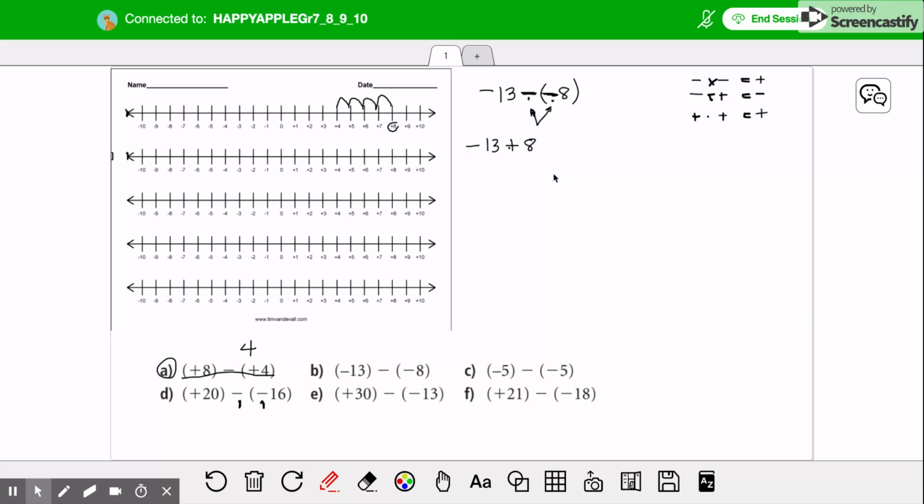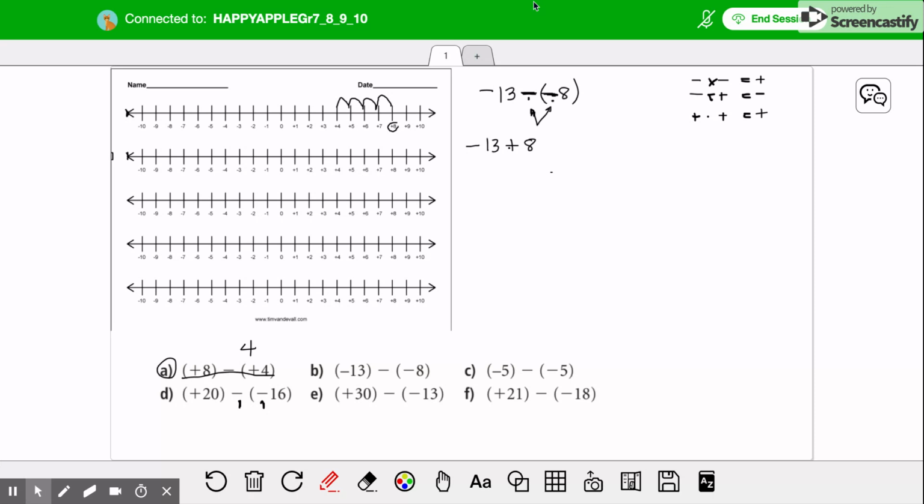Okay, -12, -11, -10, -9, -8, -7, -6, -5, -4, -3, -2, 0, 1, 2, 3. Not too far. Okay, think of -13. Now go over 8 from 13.